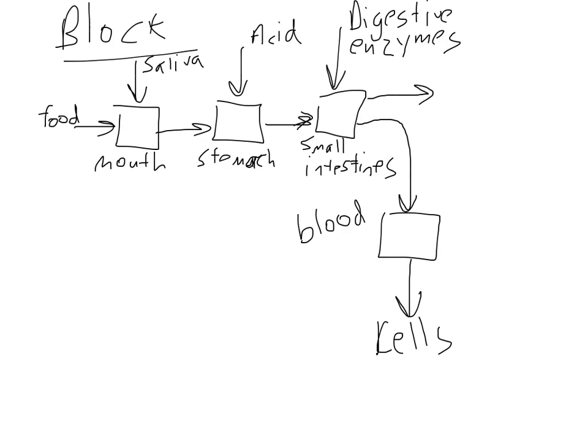Well, we also have this other side mode here to the large intestines, where after the food travels through the small intestines, it goes to the large intestines, and then some of the digested chemicals from the large intestines go to the blood, which ends up putting energy and chemicals into the cells.